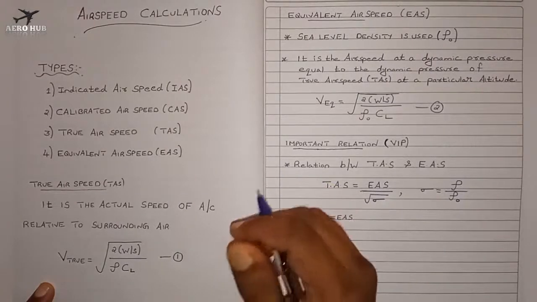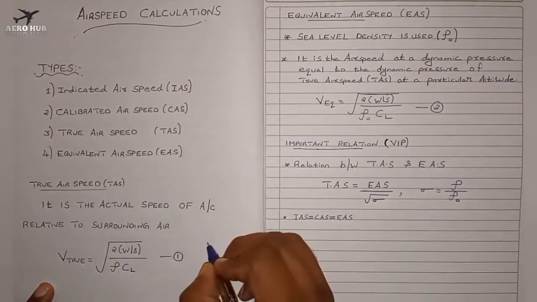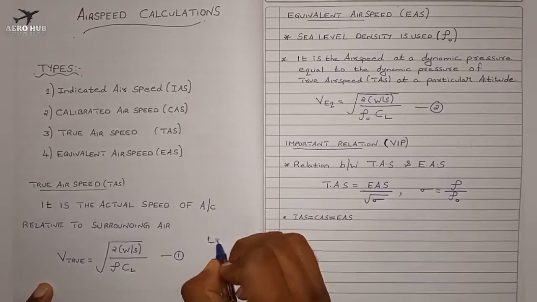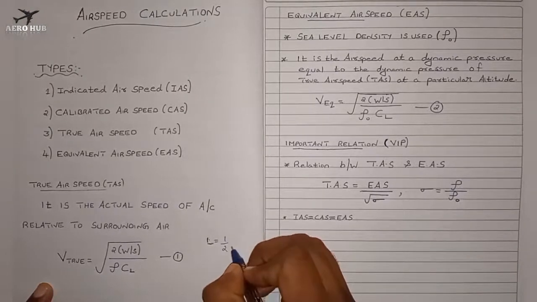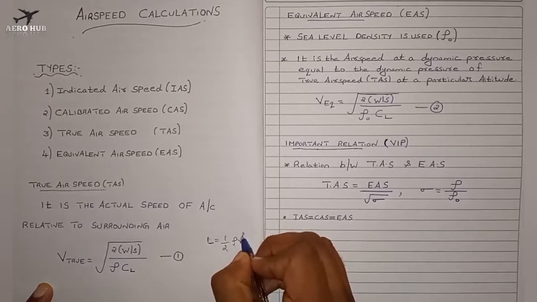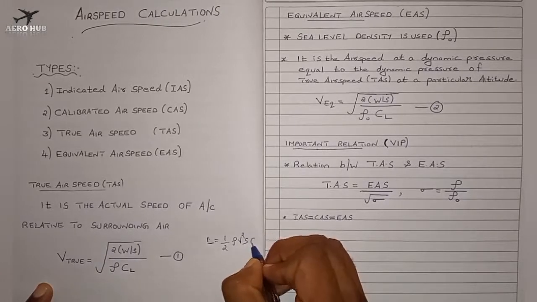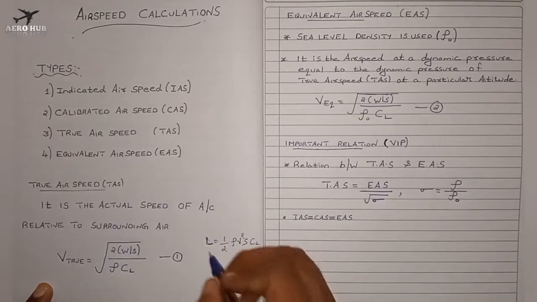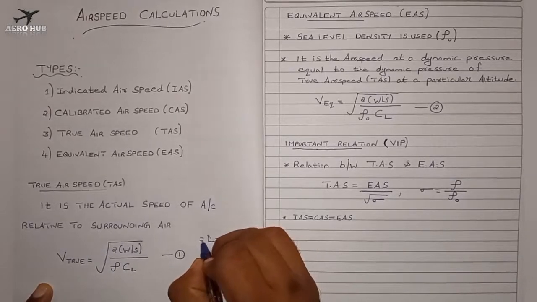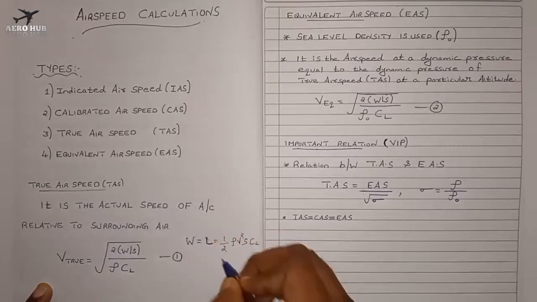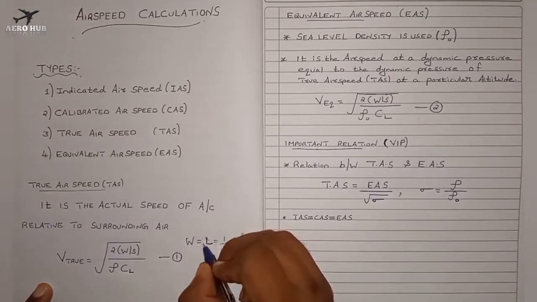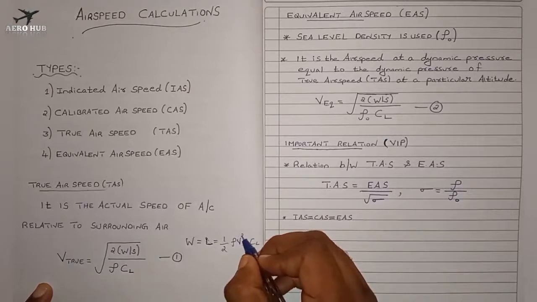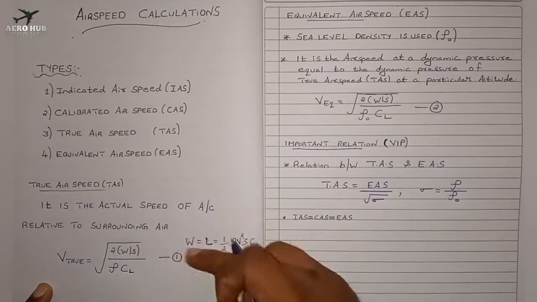This equation is derived using lift, L equals half rho V square S CL. For a steady level flight, the lift will be equal to weight, and when you substitute lift as weight, we can find the value of V from this equation.